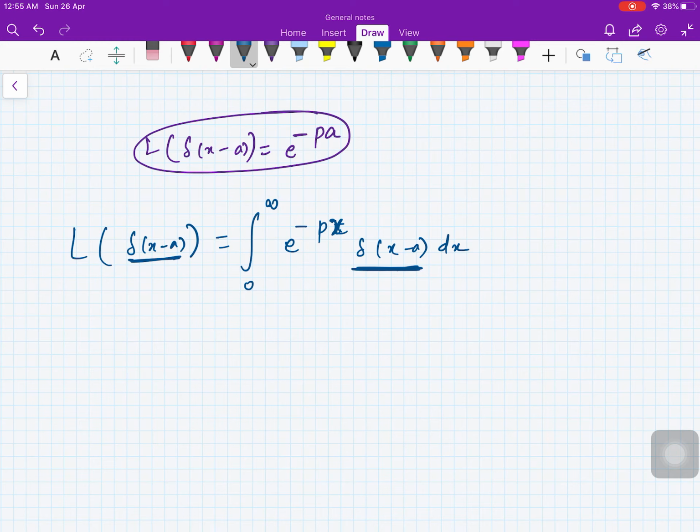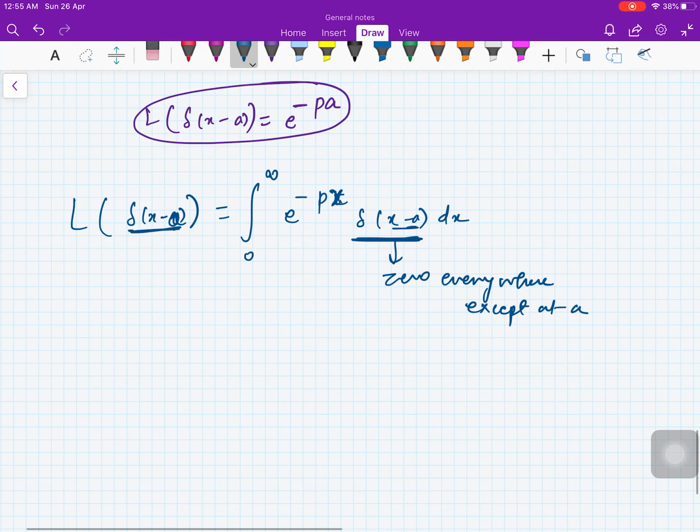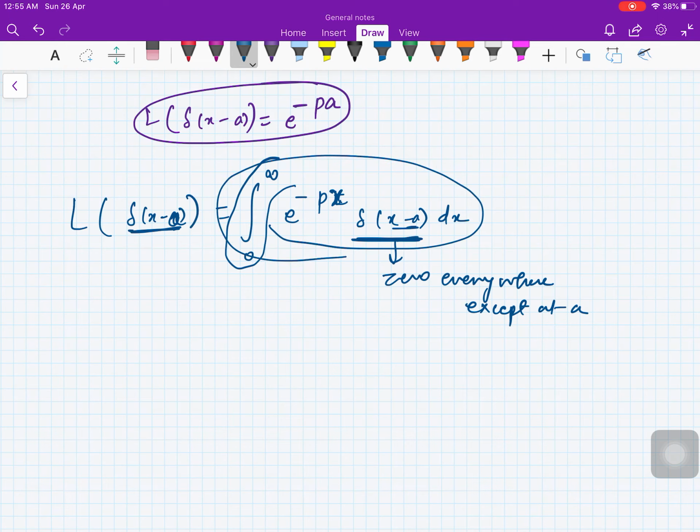Now this function is 0 everywhere except at the point a. So when you take the integral, you get 0 everywhere except at x equal to a, where the value of e raised to minus px is e raised to minus pa.